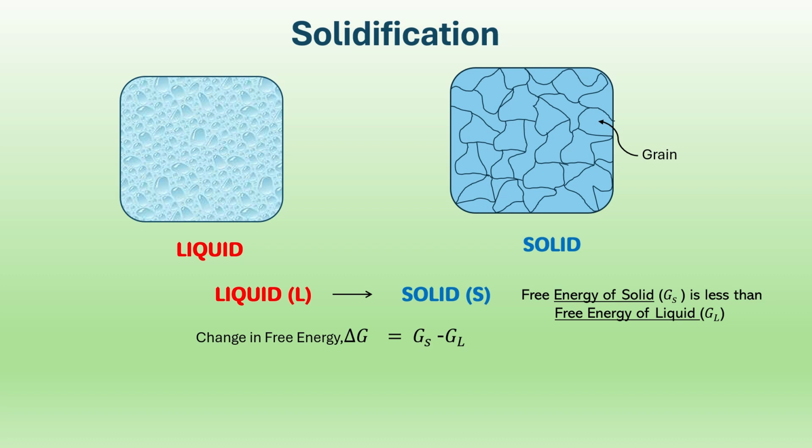So delta G is equal to the free energy of the solid phase minus the free energy of the liquid phase. Here subscripts S and L represent solid and liquid phases. As the free energy of the solid phase is less than the liquid phase, we will have a negative value of delta G. Thus, negative free energy means less free energy, which means a more stable phase.